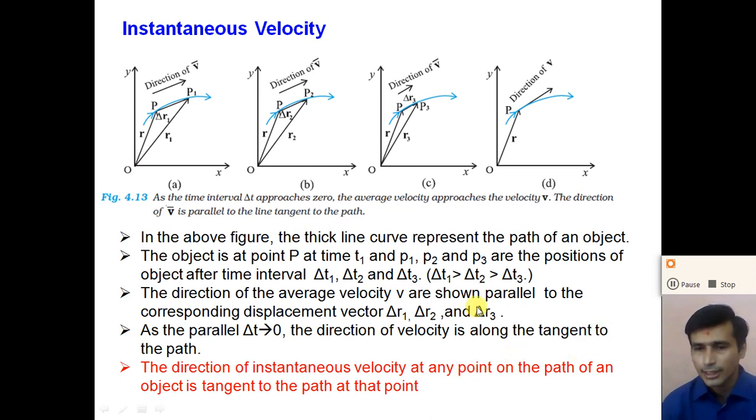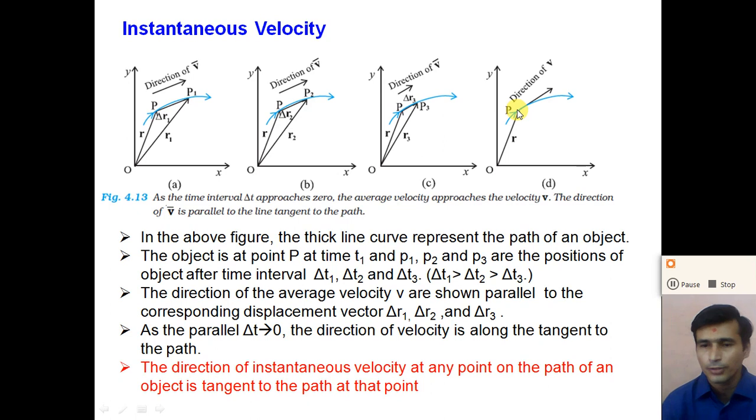So the direction of the instantaneous velocity is that of the average velocity in the limiting value as delta t approaches zero, right? When the time interval delta t approaches zero, very small, the velocity is called the instantaneous velocity, and the direction of the instantaneous velocity is along the tangent to the path in the last figure, right?